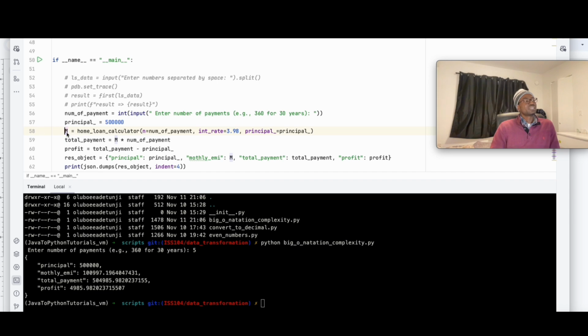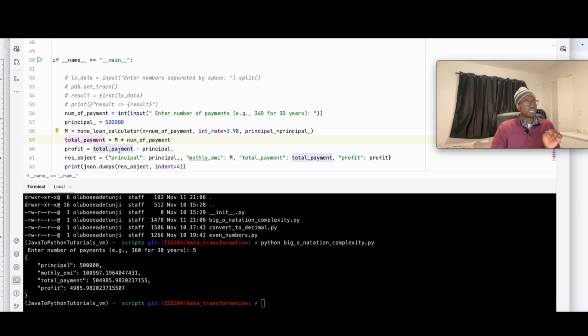And then we multiply this M by the number of payments, which is a value we are going to enter through the console of the shell of this Python interpreter workstation. And then when we know the total payment, we assign the product of these two variables to a variable called the total payment.